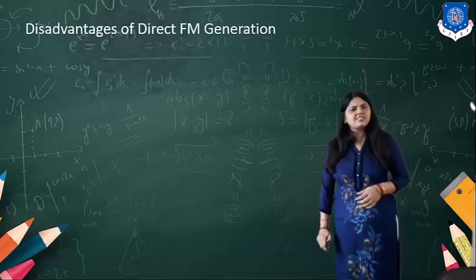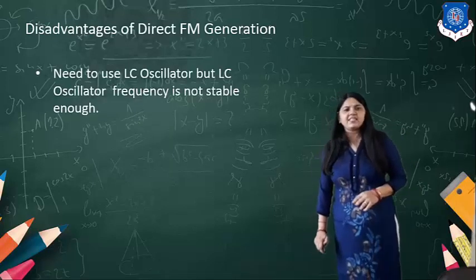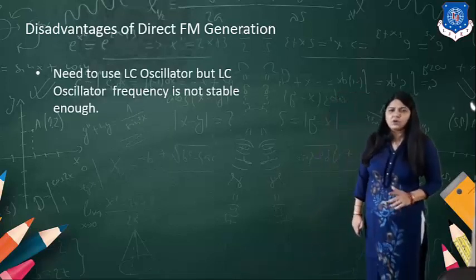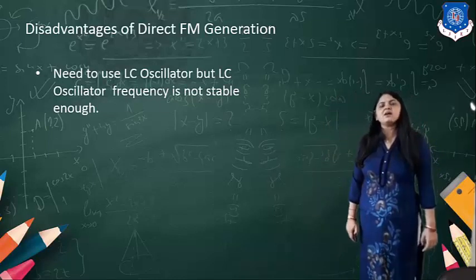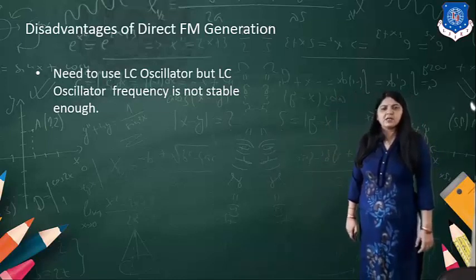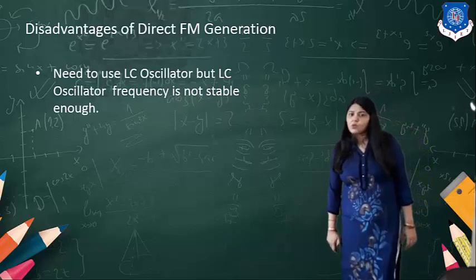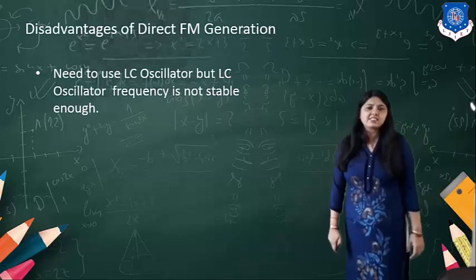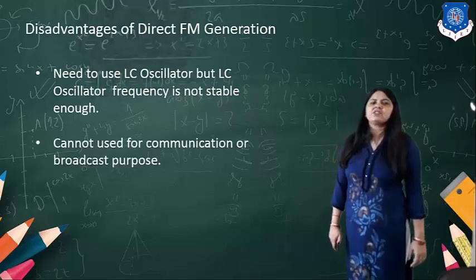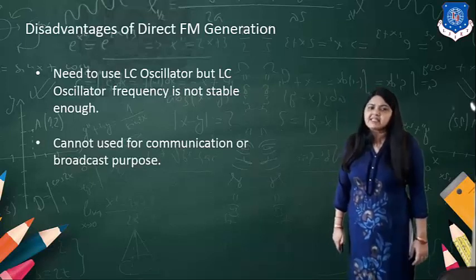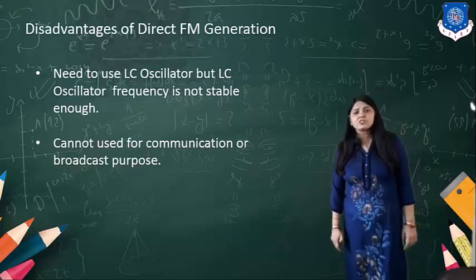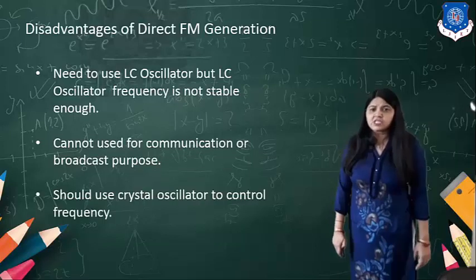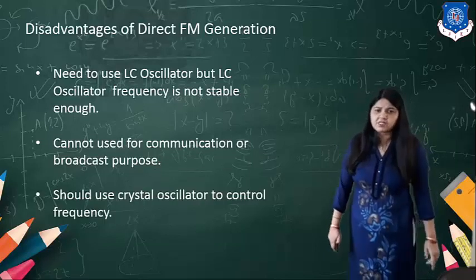These are the advantages, and the disadvantage is that here we are using the LC oscillator, but the frequency provided by the LC oscillator is not stable, and that is why it is not used for communication or broadcast purposes.